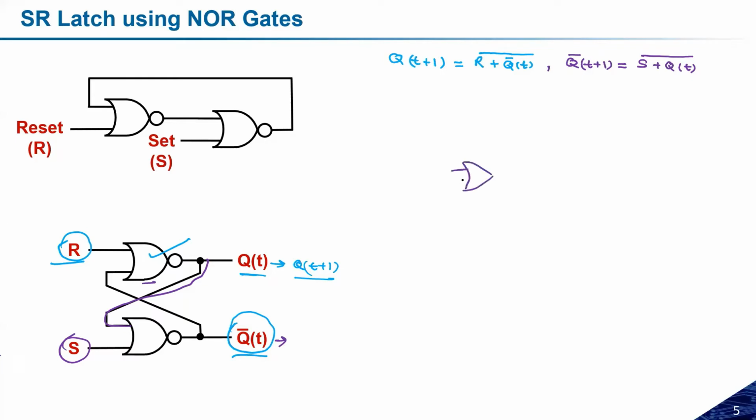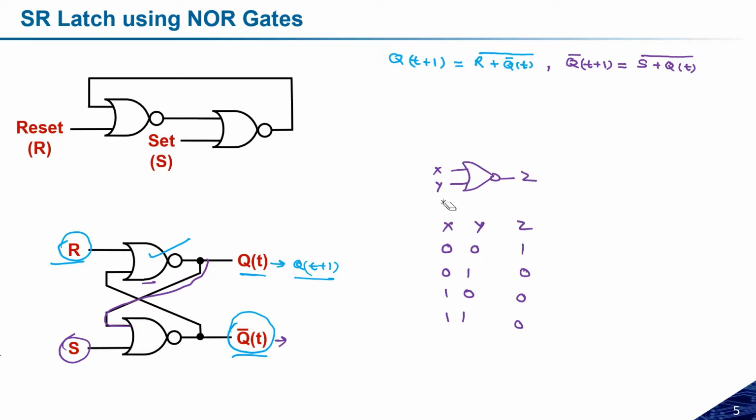Let me make the NOR gate: X and Y are the two inputs, and let us assume the output is Z. The truth table for X, Y and Z: for 0 0, the output is 1; for 0 1 it is 0; for 1 0 it is 0; and for 1 1 it is 0. So this is the truth table for the NOR gate.